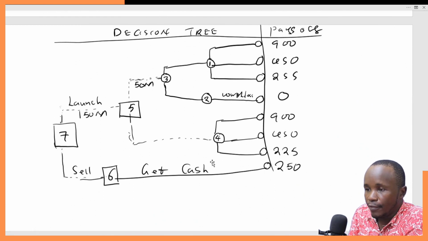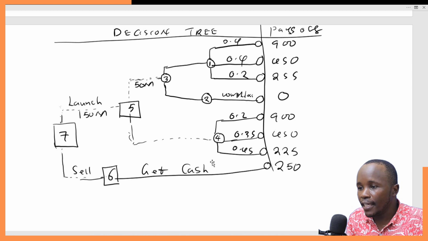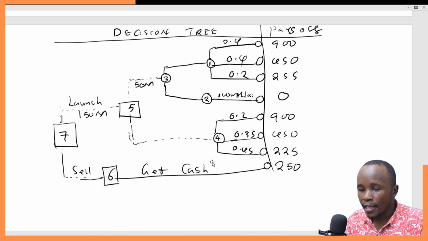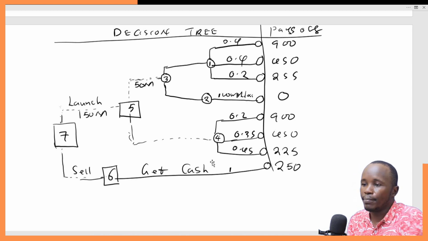So here we have 0.4, 0.4, 0.2. Here we have 0.2, 0.35, and 0.45. Now, if it fails, that means the probability is 1. If it fails, you are sure it is worthless. So the probability is 1. If you get the cash, it means the probability is 1. You are selling. So we have fixed our probabilities.